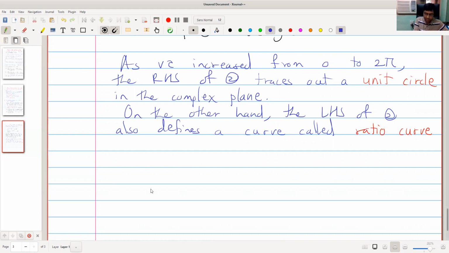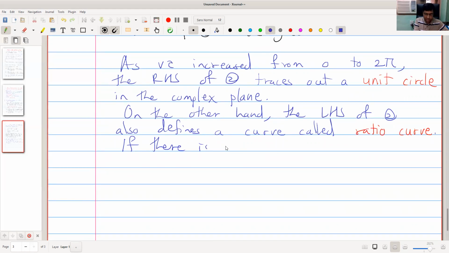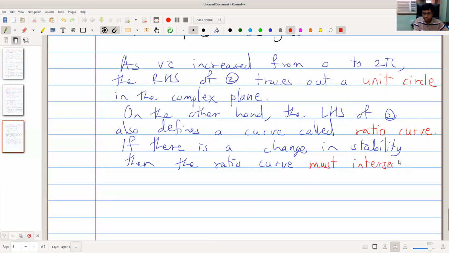If there is a change in stability, then the ratio curve must intersect the unit circle. Okay, so what we do?